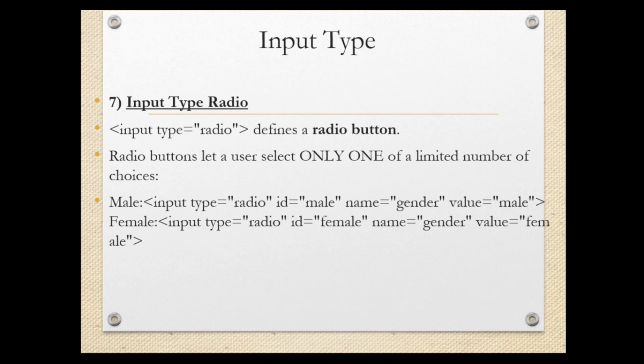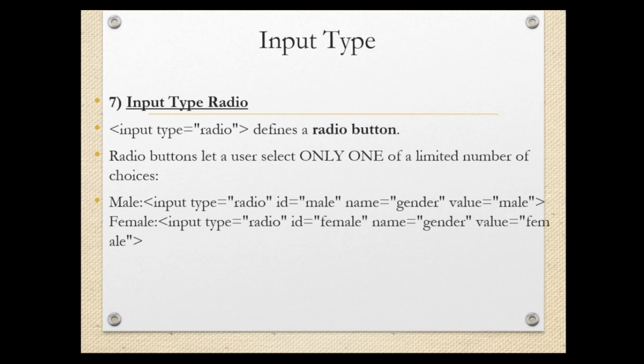Next one we have input type radio. Input type equal to radio defines a radio button. A radio button lets a user select only one value out of a limited number of choices. You can see the example on the screen: male, input type equal to radio; female, input type equal to radio.